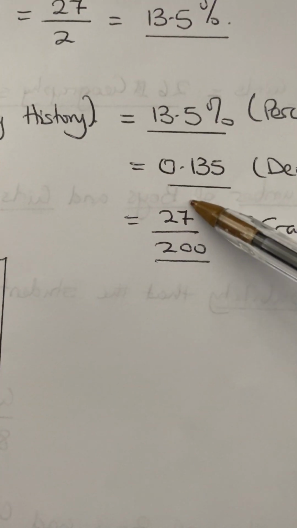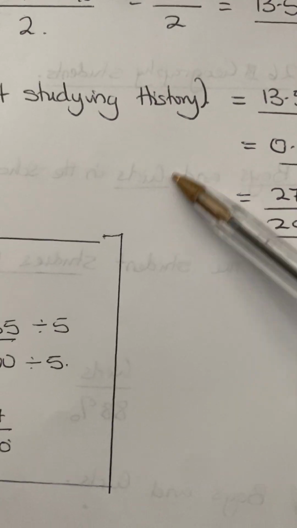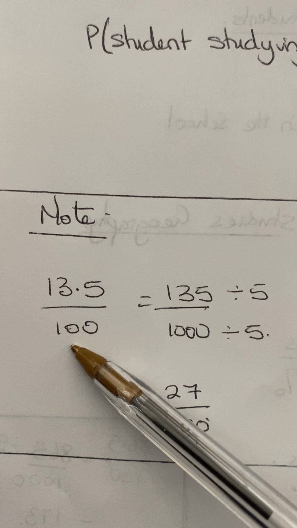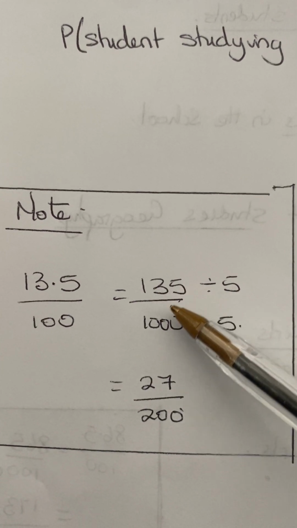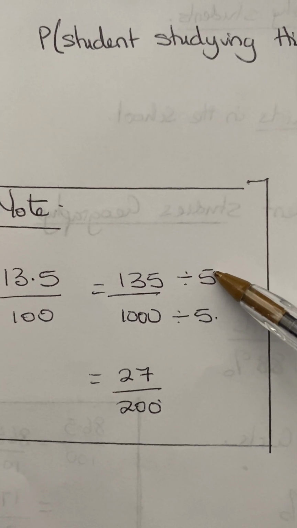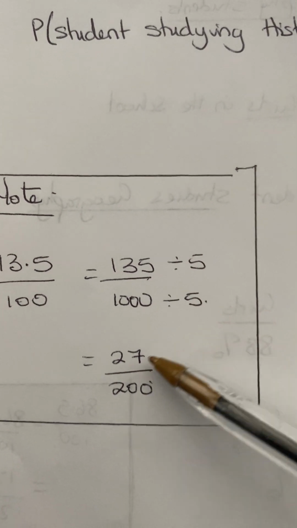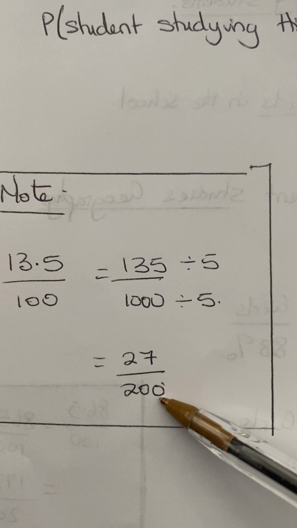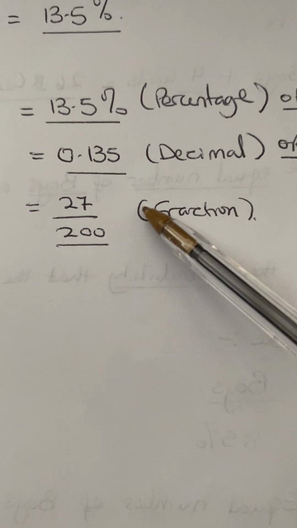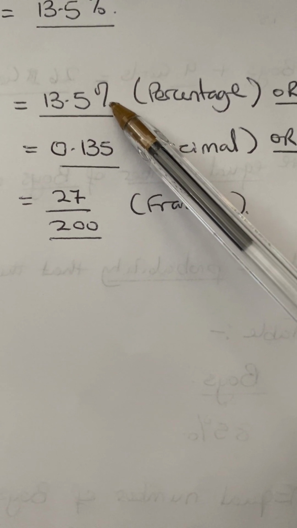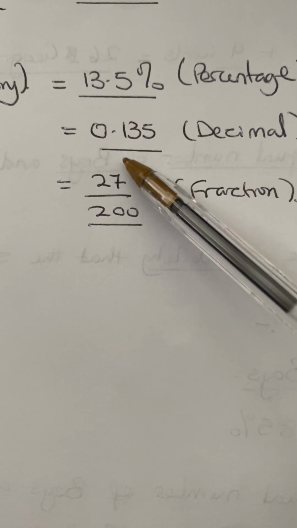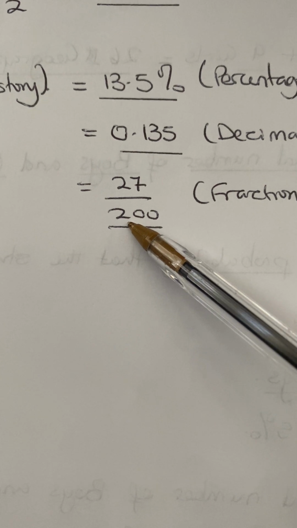If they ask me to leave my answer as a fraction, then I have 13.5 over 100, which will give me 135 over 1000. Again, if I divide the numerator and the denominator by 5, I have 27 over 200 as my fraction. So that is my answer as a percentage, that is my answer as a decimal, and that is my answer as a fraction.